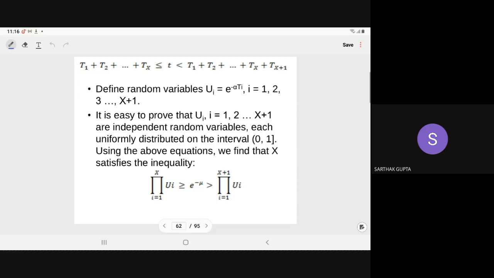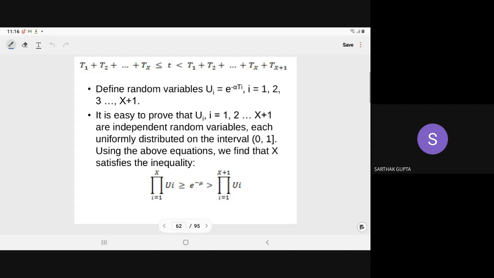Now we define a new random variable ui equal to e to the power minus alpha ti, where i varies from 1 to x plus 1.